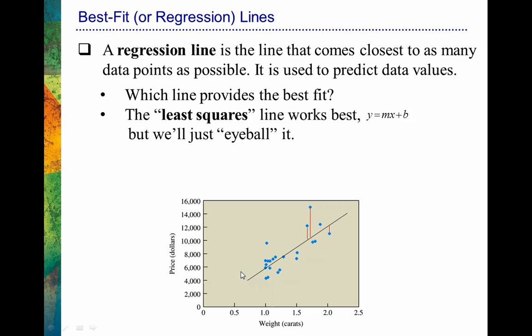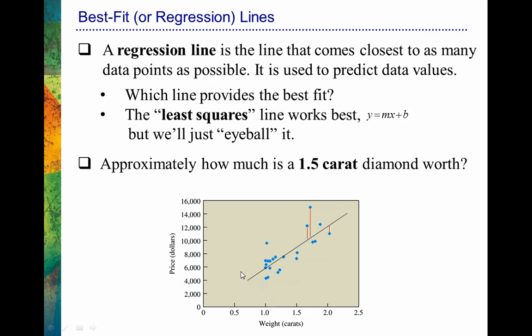with these regression lines. So, for example, once we fit a regression line through the data, we can get a sense of approximately how much a 1.5 carat diamond is worth. Here we're looking at diamonds in terms of their weight in carats, and we're looking at their value in terms of dollars.